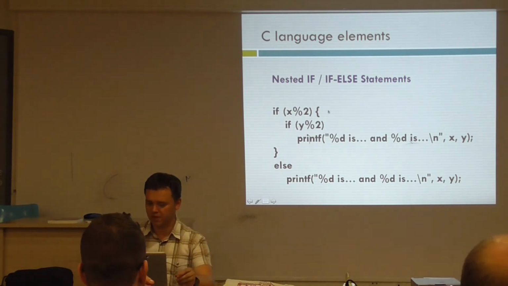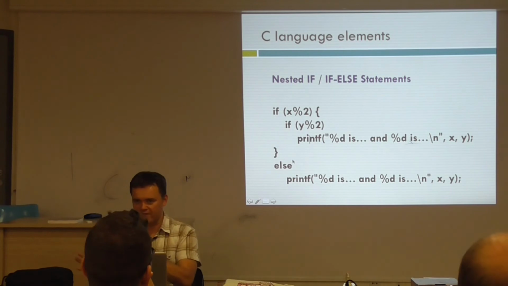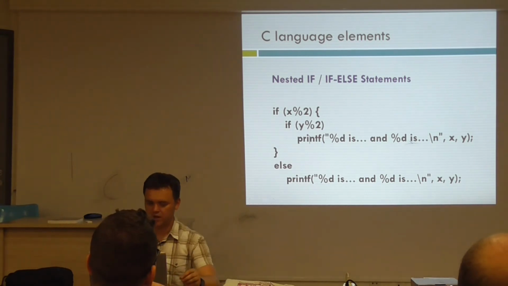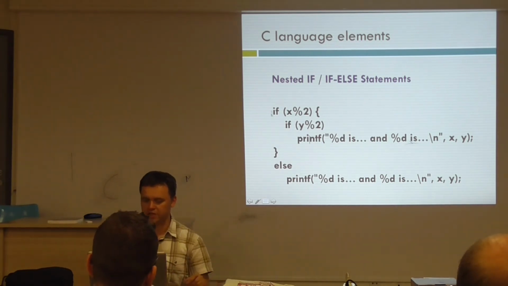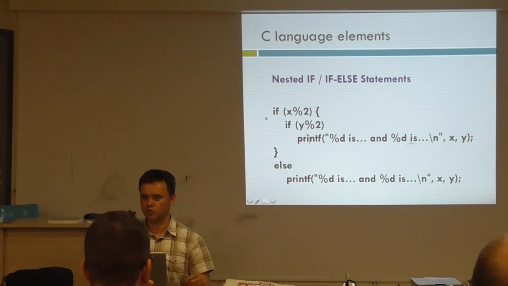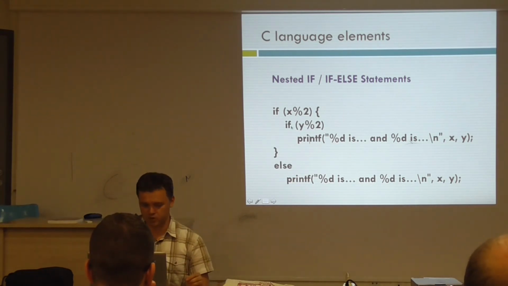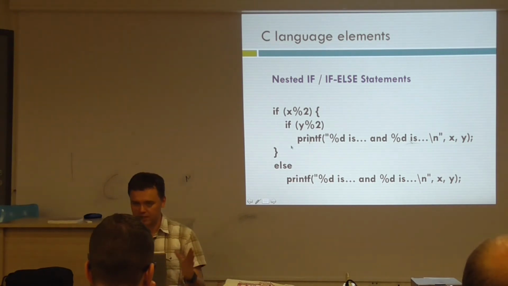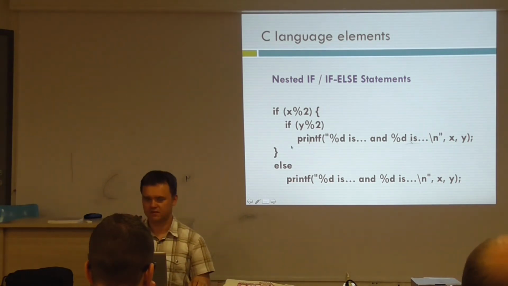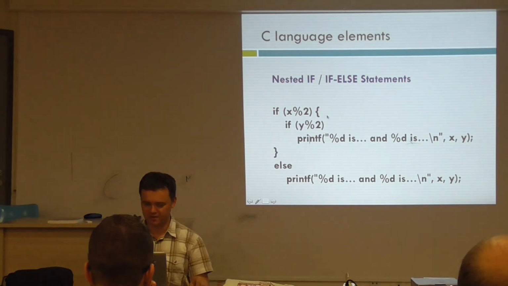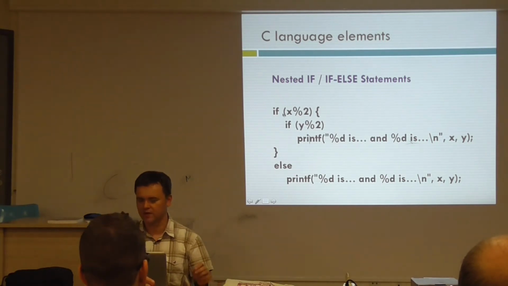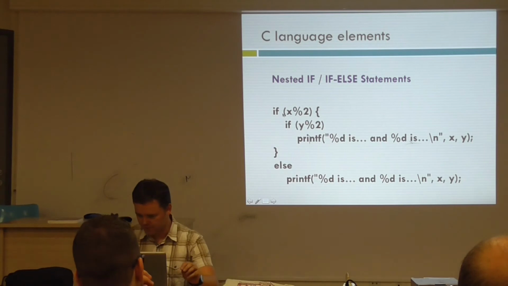So it means that the level is different. So this else is associated with the last possible if, but in that case it's the first one, because the second is in another level, part of that one. So this else is associated with the first one. Very good. So please think about it also.